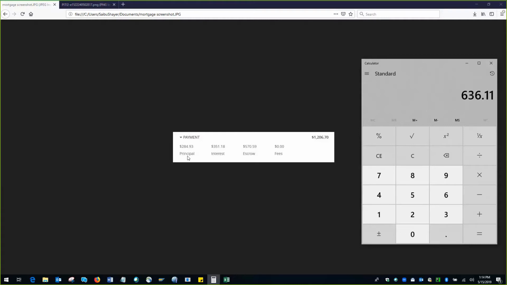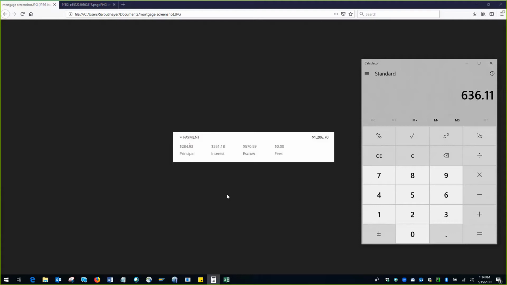This amount, when you add the principal and the interest, will remain the same month over month. As you make your timely payments every month, the principal amount will go up by a little bit, which means to keep that $636.11 number the same, the interest amount has to go down every month, which is exactly what happens.